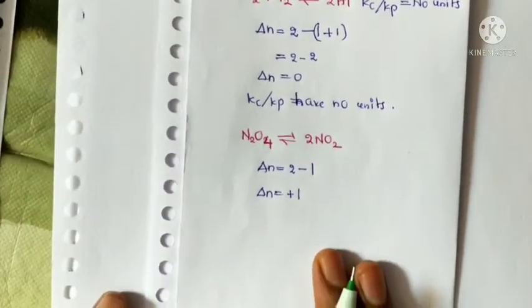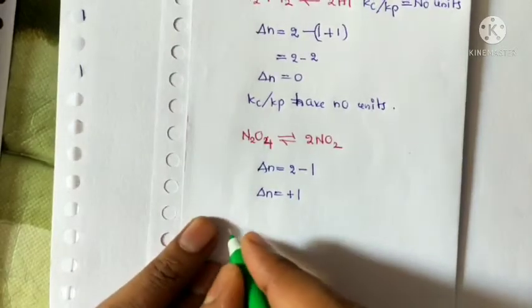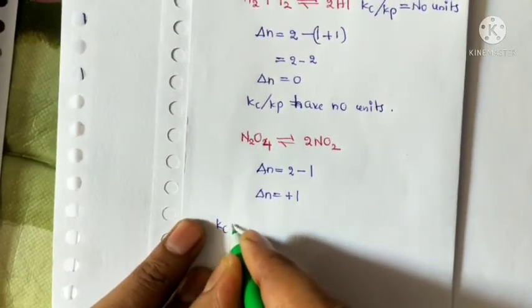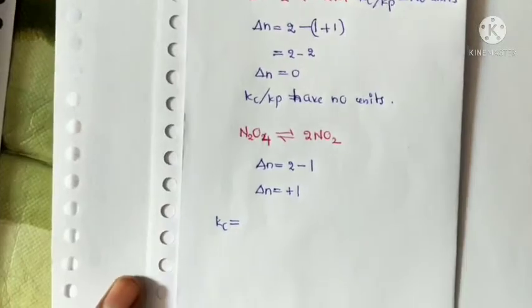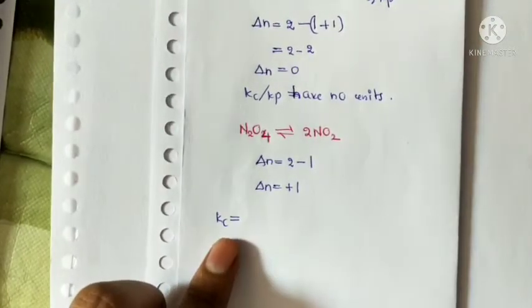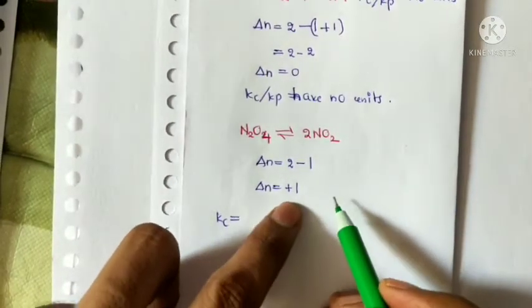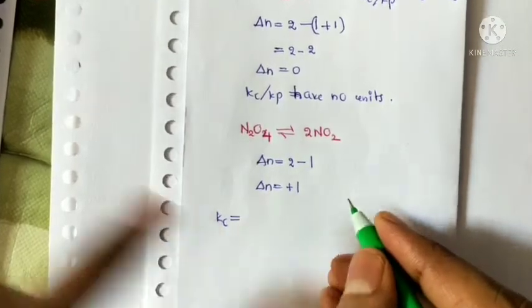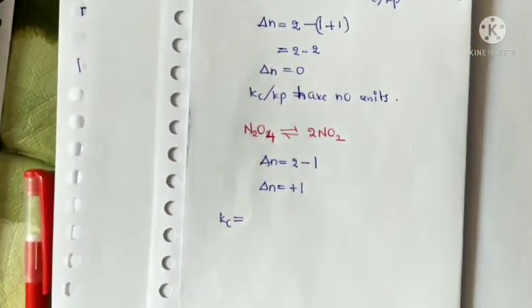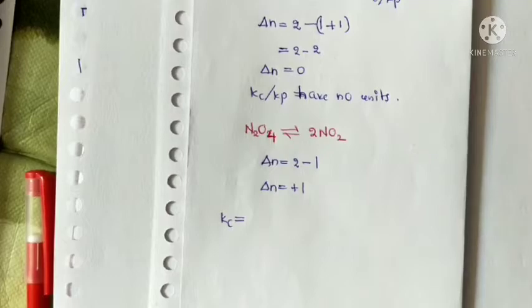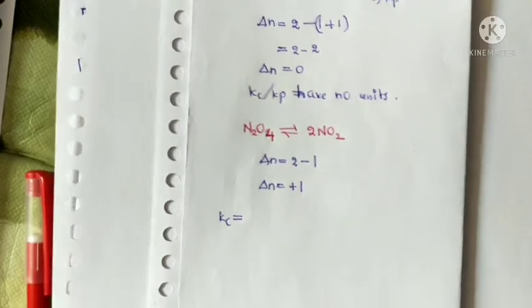Since delta n is not equal to 0, the equilibrium constant has units.